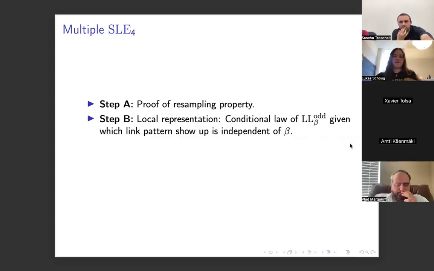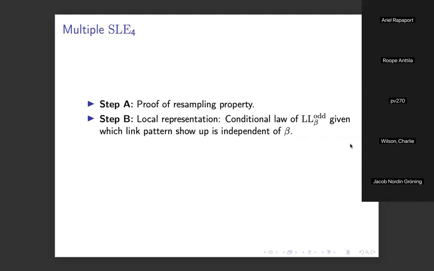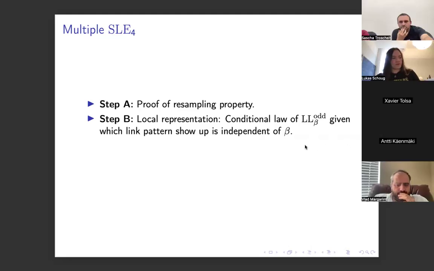And then given this, we can see that if we know where this curve ends, then the law of that curve doesn't really depend on the underlying boundary data as long as that is an allowed configuration.